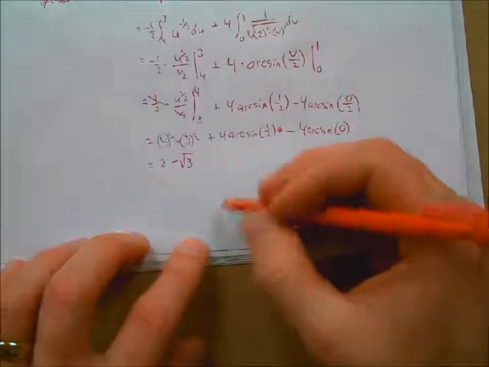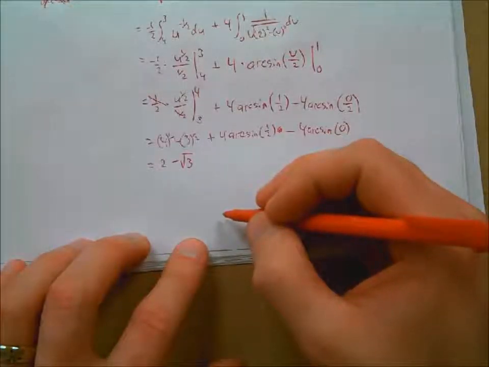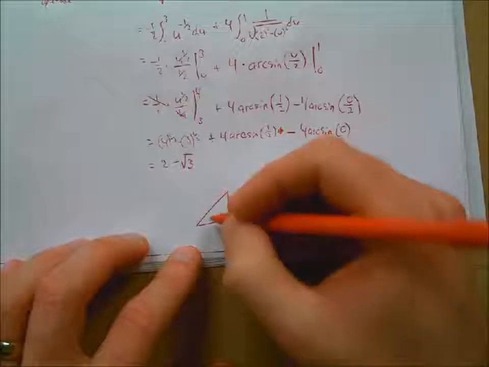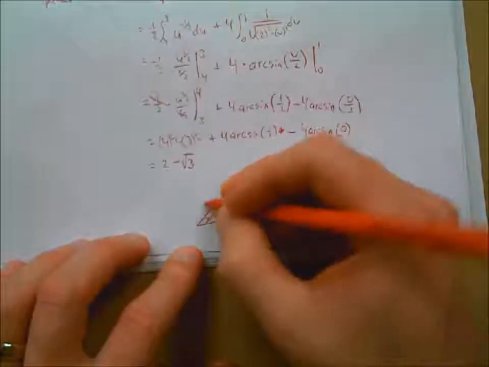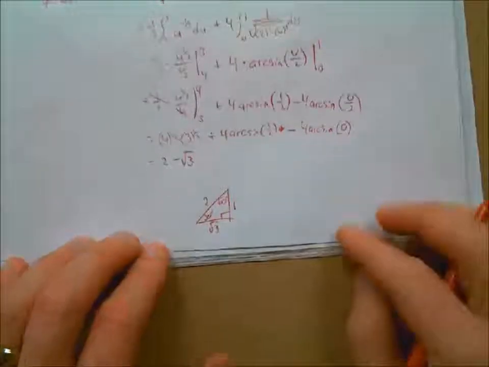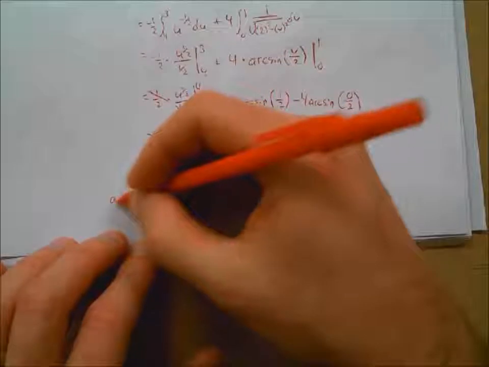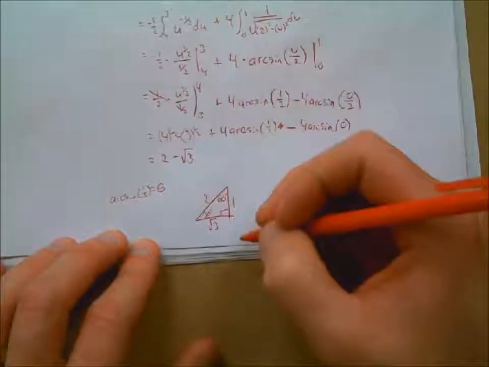Well, what special right triangle has the ratio of 1/2 in it? 30, 60, 90. So we'll say that's 30, that's 60. There's 1, there's 2, there's the square root of 3. So arc sine of 1/2 is going to equal some angle theta.